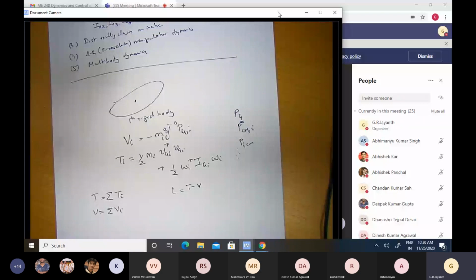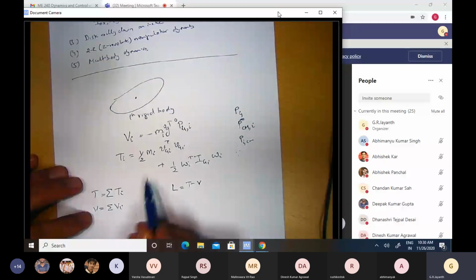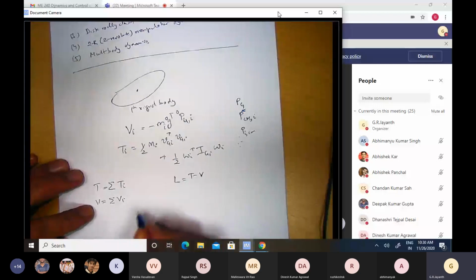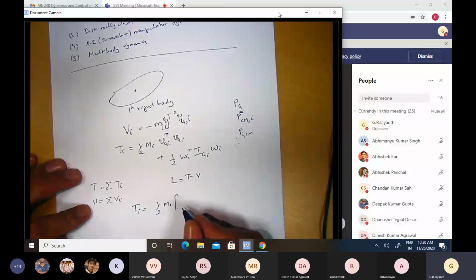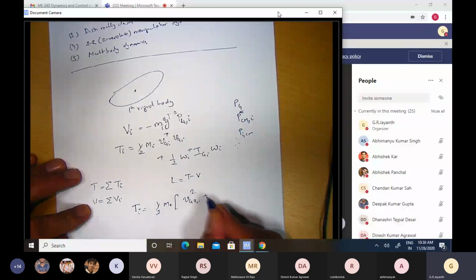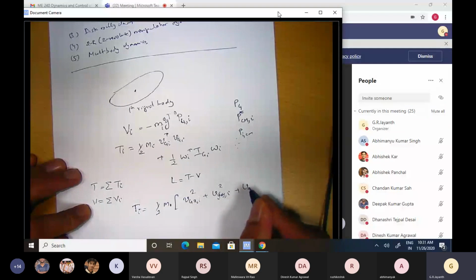So let us take the second project first: how to make the appearance of kinetic energy simpler to see. Let us take this particular mass. What is T_i? It's half m_i times V_i transpose V_i, which is the sum of the squares of the x, y and z components of velocity: V_gx,i squared plus V_gy,i squared plus V_gz,i squared.